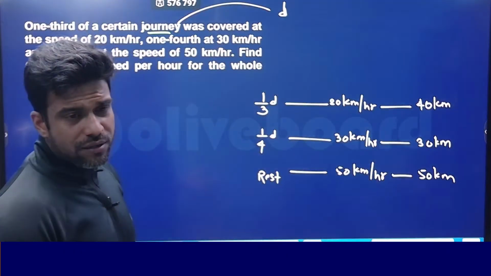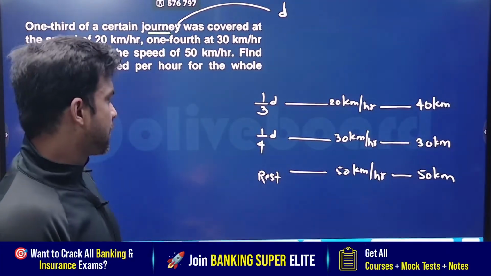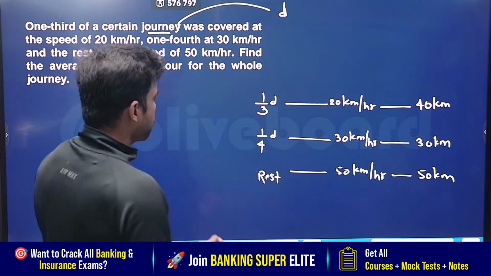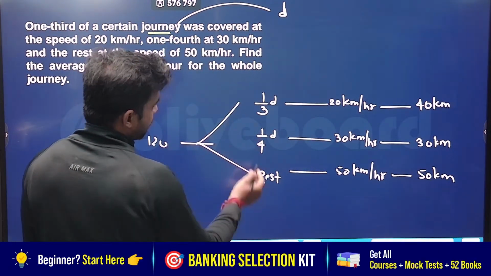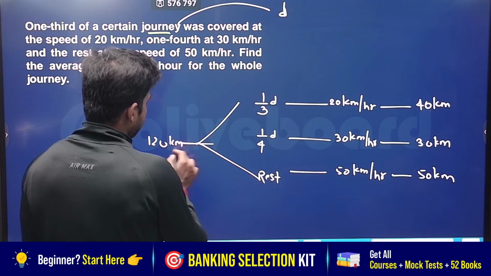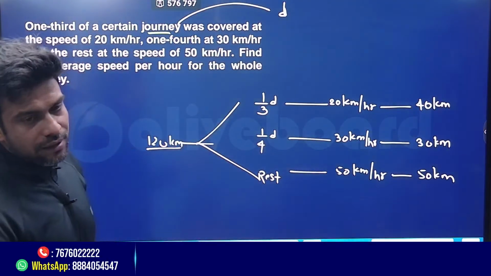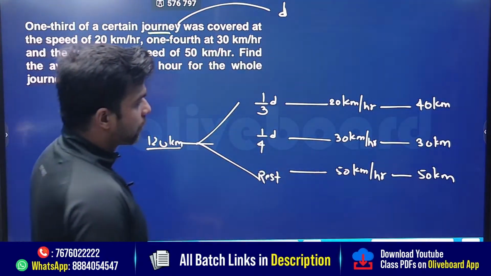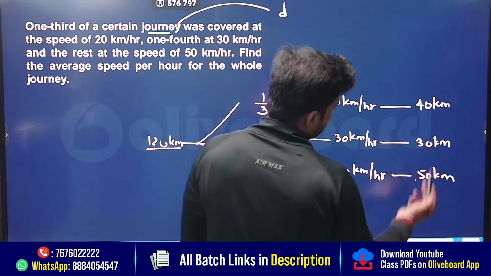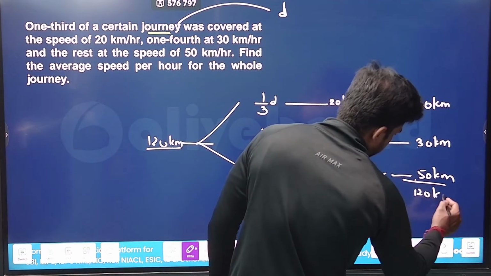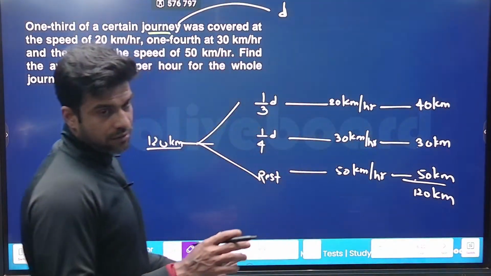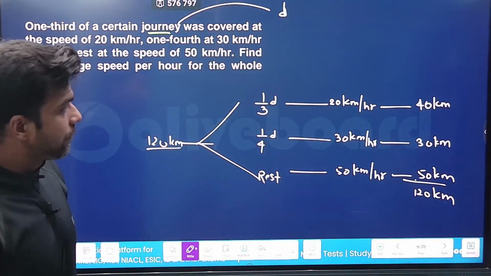I would say no. Also, you can assume the total distance would be 120, taking the LCM. Try to learn how we are doing it. Now here also you can say 40, 30 and 50, total 120 kilometers. Correct? So again I am showing you the difference. Okay? Is it fine, everyone?